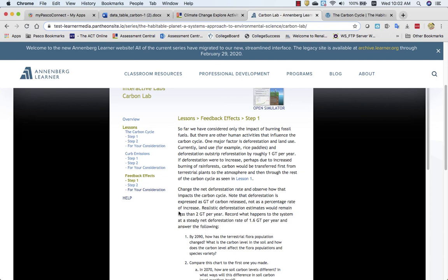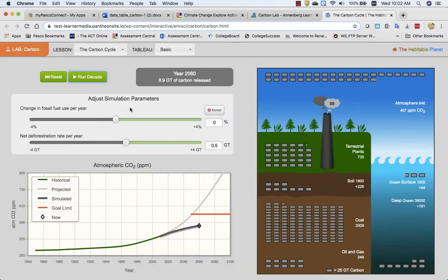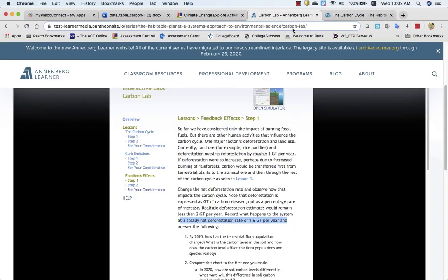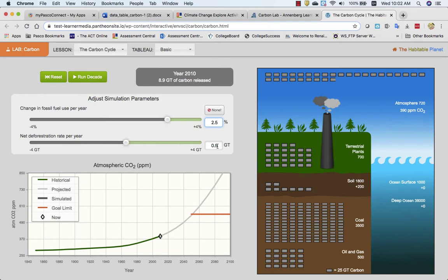So we are setting the model to 1.6 based on our current carbon production through fossil fuels. So we're going to reset our model. Anybody remember what that value was for how much we use fossil fuels? It was 2.5. And then we are going to set our deforestation rate at 1.6 gigatons. So we're going to come over here and 1.6.